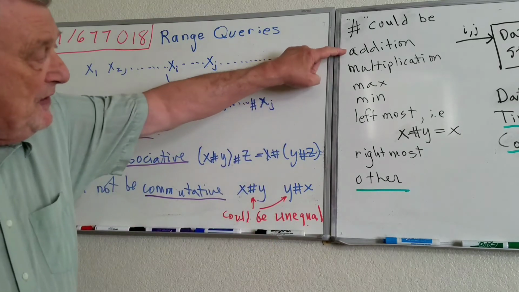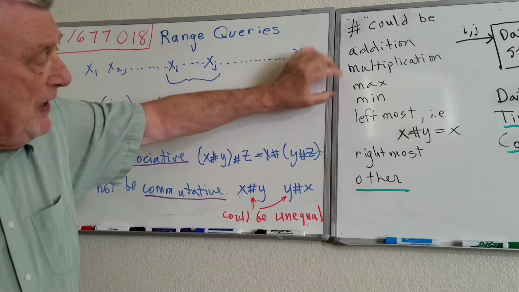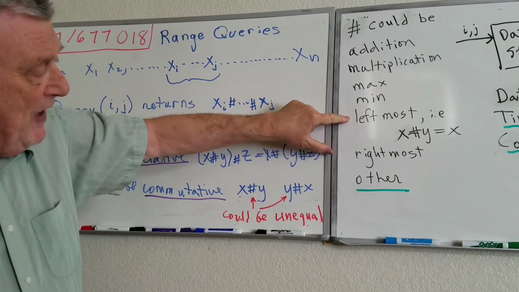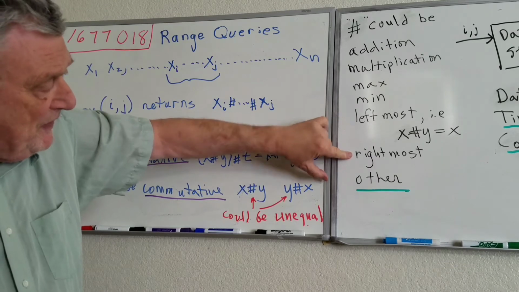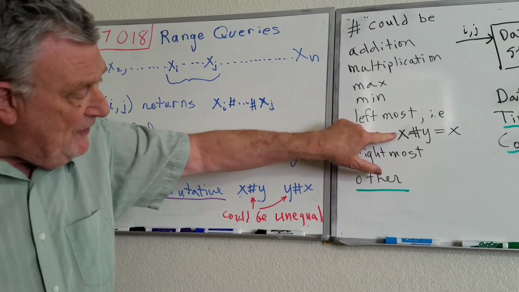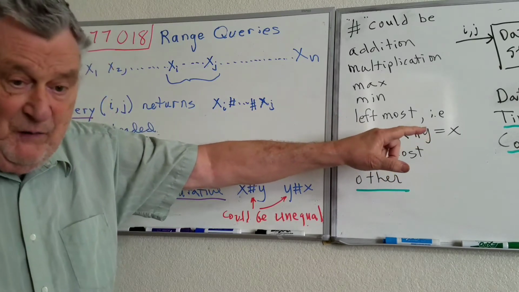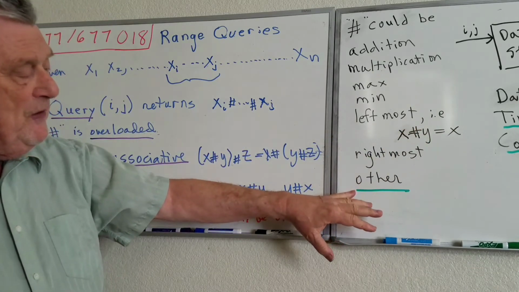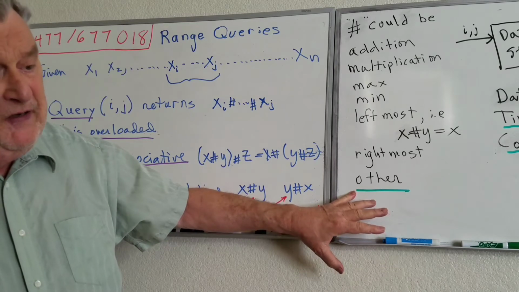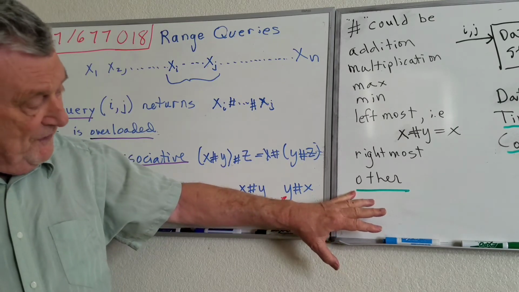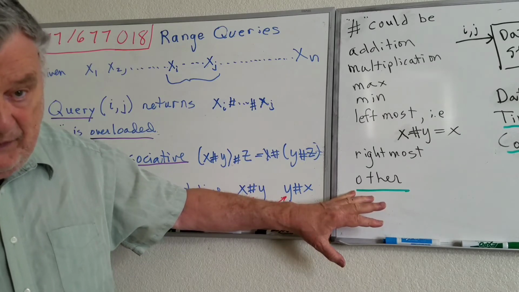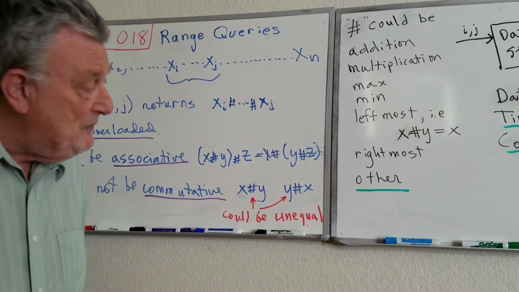You notice that these first four operators here are commutative. This one is not. This one also is not, because x sharp y is x, and y sharp x is y. And the one that we're going to use for fast addition is also not commutative. And so we have to get used to that concept.